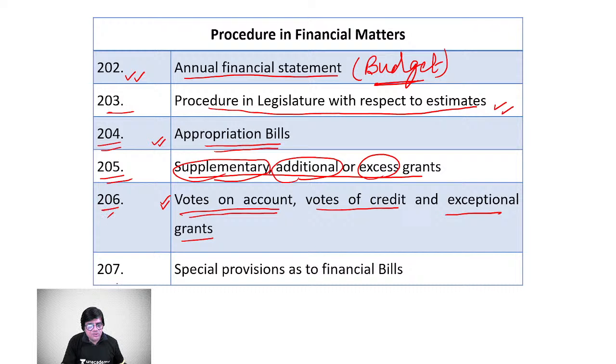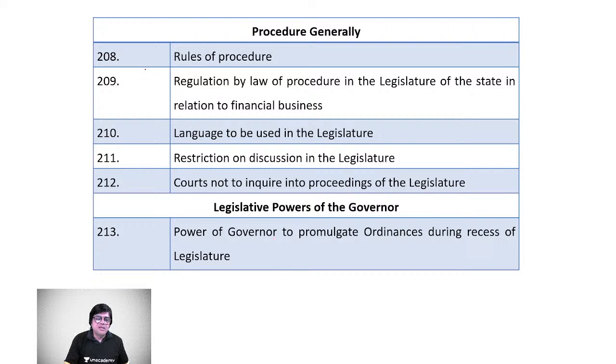Then Article 207 talks about the special provisions regarding financial bills. As far as the procedure is concerned, Articles 208, 209, 210, 211 and 212 are all concerned with procedures. The rules of procedure are highlighted in Article 208.